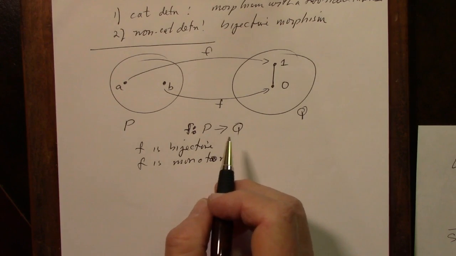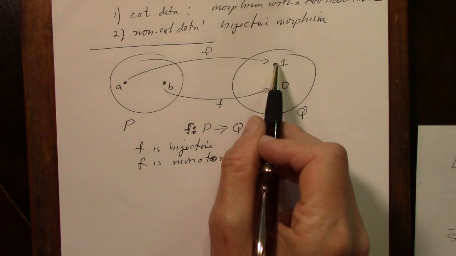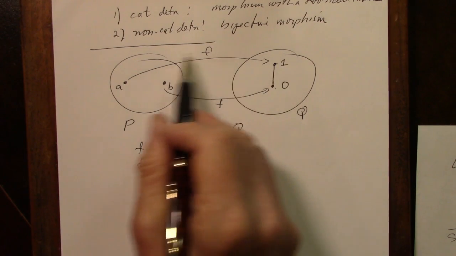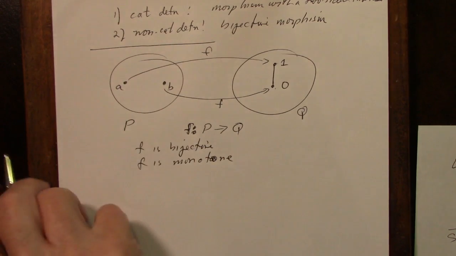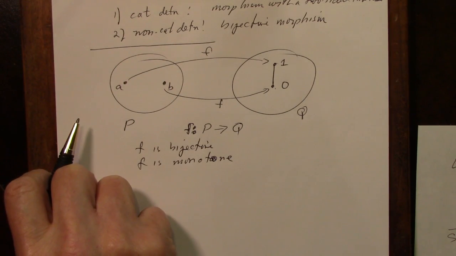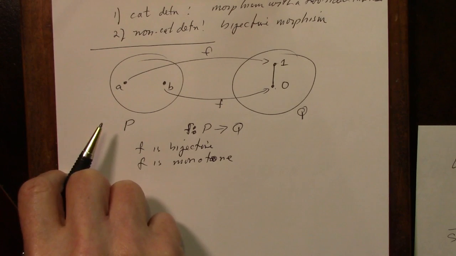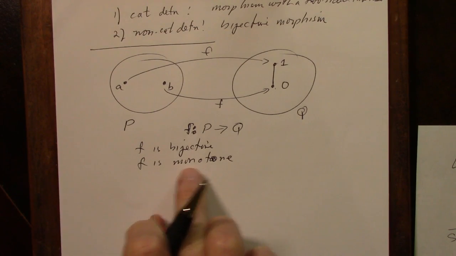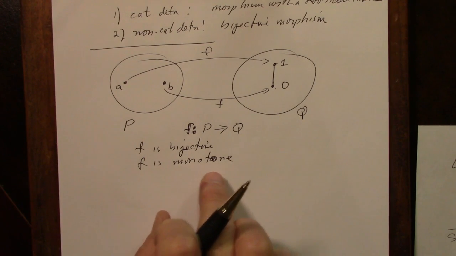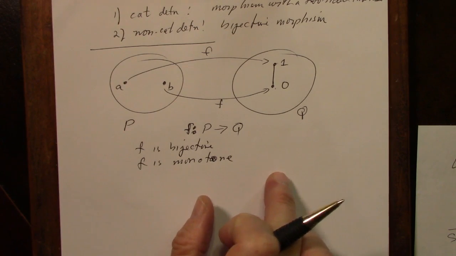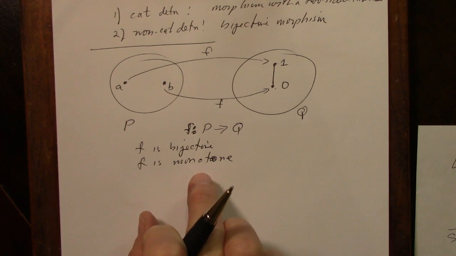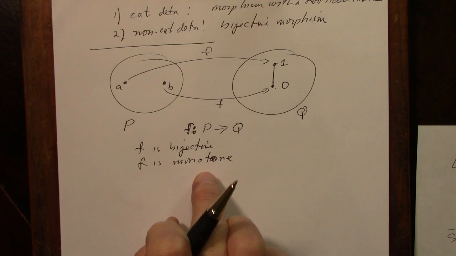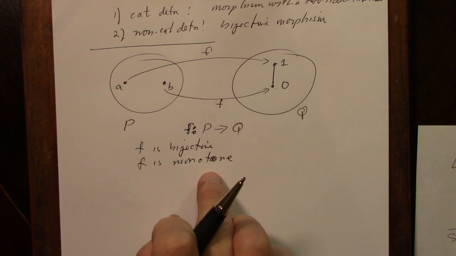It's not an isomorphism because 1 is bigger than 0, but F inverse of 1 is not bigger than F inverse of 0. So this is a bijective, if you will, homomorphism of posets that is not an isomorphism. It does not have a two-sided inverse.